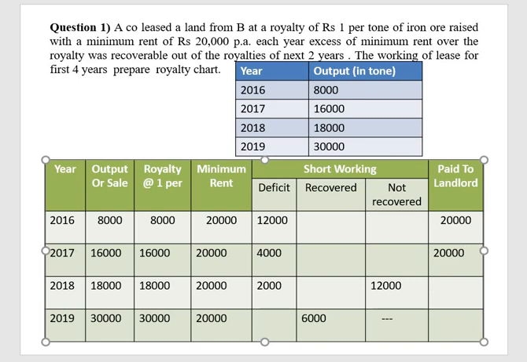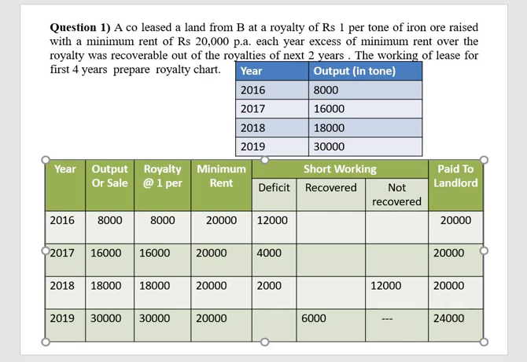In the third case also, royalty is less than minimum rent, so we have to pay 20,000. In the fourth case, royalty is more than minimum rent, so royalty will be given to the landlord. Royalty is 30,000. Out of 30,000 we recovered 6,000. Actually I have to pay 30,000 to the landlord, but out of 30,000, 6,000 is recovered. So what is the remaining?